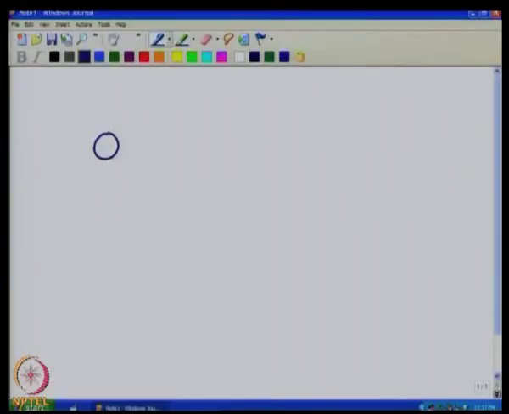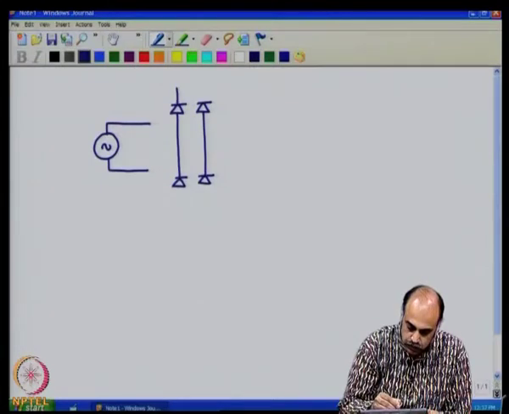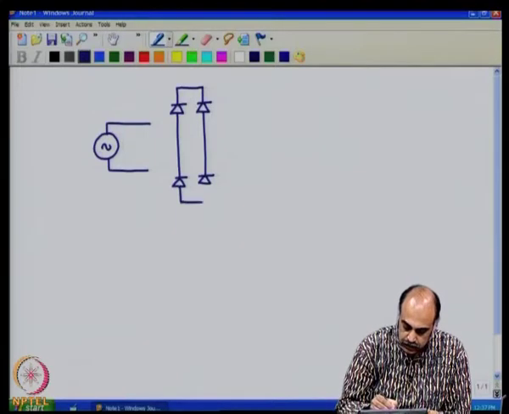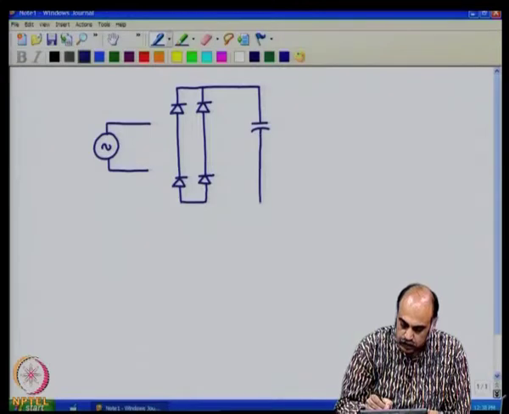Let us say you have a circuit like this. You have an AC source, and this AC source is connected to a rectifier. It is a simple circuit. The idea here is not to learn about the circuit, but to learn about the issues that will arise in the circuit when it is implemented in a printed wiring board or a printed circuit board, PWB or PCB as it is called.